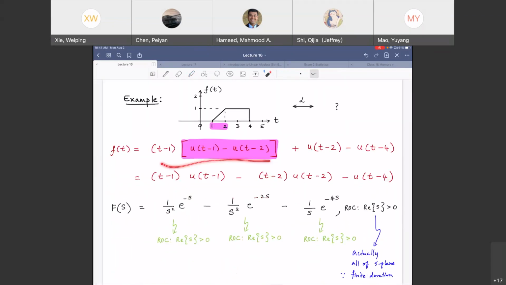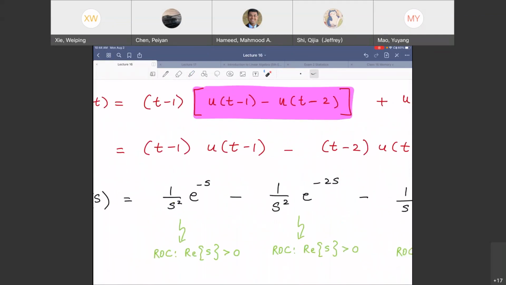With this, you can expand it out, distribute t minus 1. You got t minus 1 u of t minus 1, t minus 2 u of t minus 2, and then u of t minus 4 over there. You have just combined the common u of t minus 2s. Next, if you look at this guy, this is t u of t delayed by one time unit.